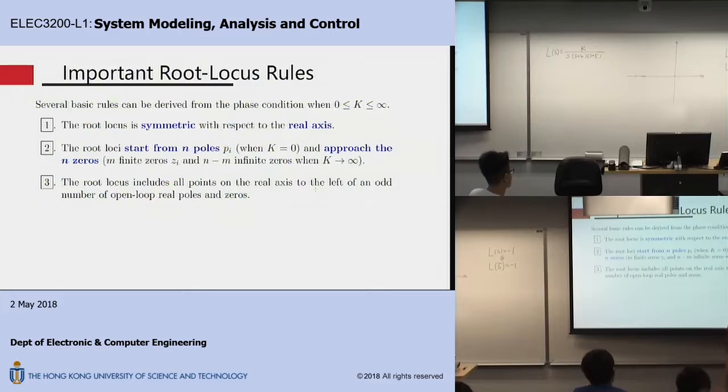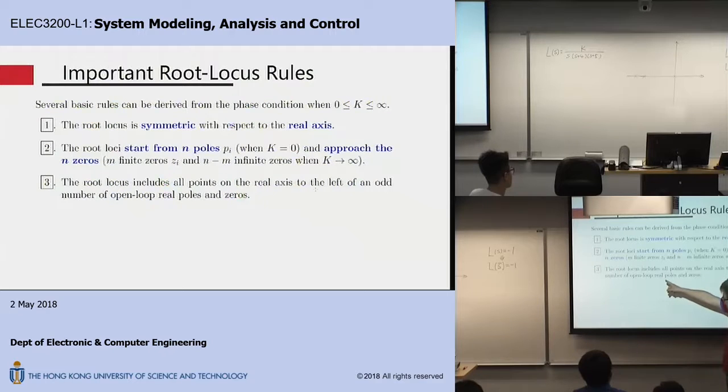That's a first rule. And for this rule we have the simple reasoning, the derivation there. So the root locus starts from the n poles when k is equal to 0, and goes to the n zeros.